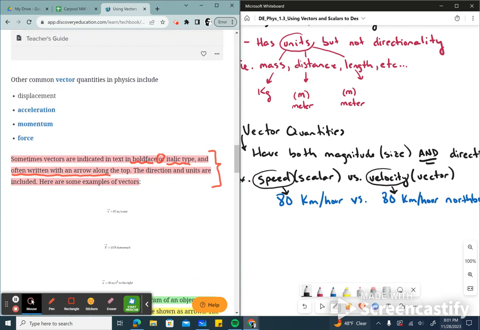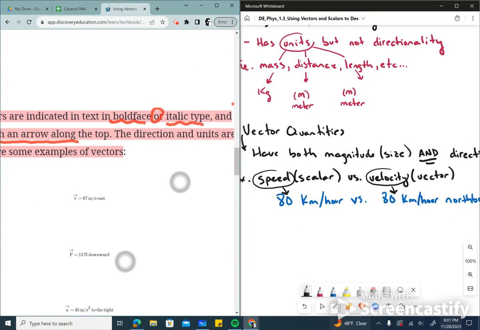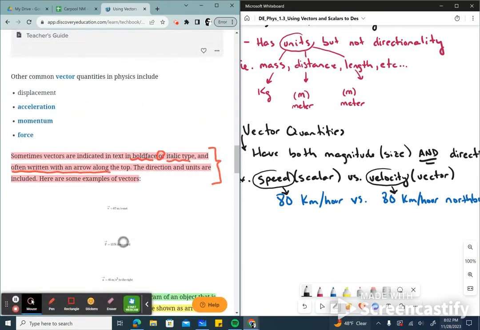As we take a look here, we can see there's the vector, right? There's the arrow, we've got the units, and we also have the direction.